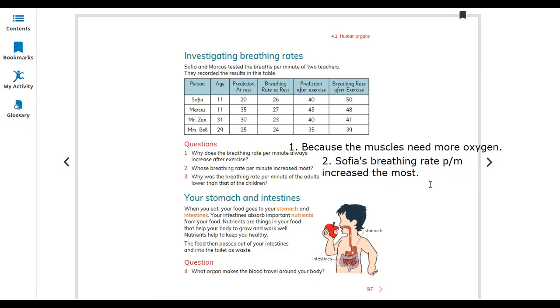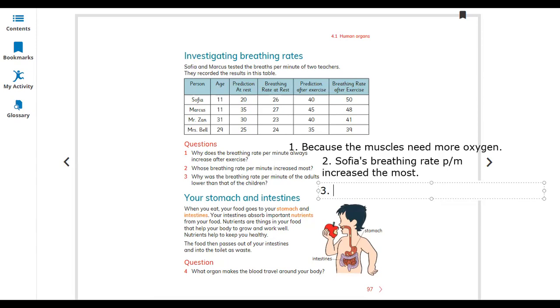Question number three: why was the breathing rate per minute of the adults lower than that of the children? So let's write the number three answer. What is the reason? As I told you in the topic of lungs, the adults' lungs are bigger as compared to the children. Children's lungs are smaller as compared to the adults, the bigger ones.